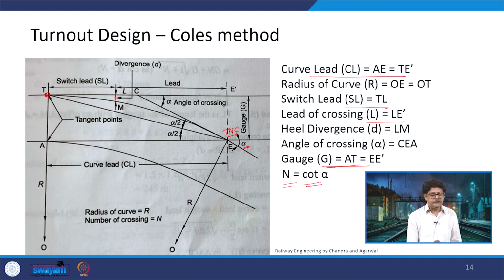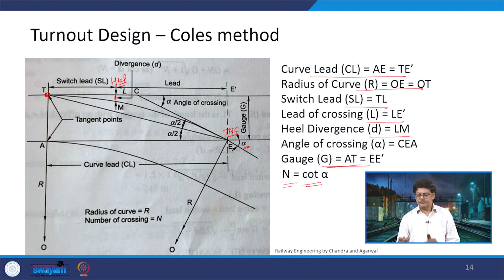Now, the heel divergence at the heel of the switch is Lm. The heel divergence is usually denoted by small d, and this is Lm here. And another thing is the curve radius. So, the curve radius is from O to T or O to E. So, R is equal to OE is equal to OT.